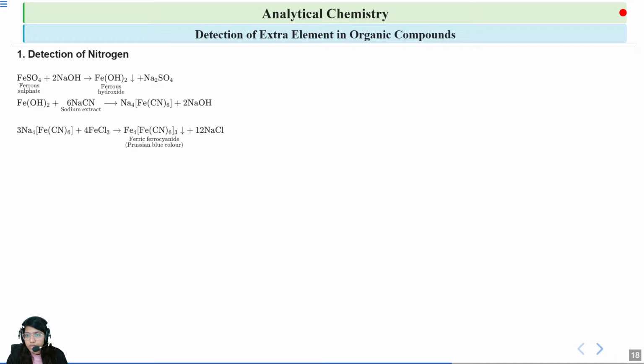Now in the next step, sodium ferrocyanide reacts with ferric chloride. This reaction shows the formation of ferric ferrocyanide, also known as Prussian blue. So when sodium ferrocyanide, that is Na4[Fe(CN)6], reacts with ferric chloride, FeCl3, it forms ferric ferrocyanide, Fe4[Fe(CN)6]3.